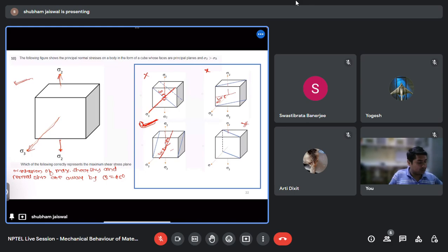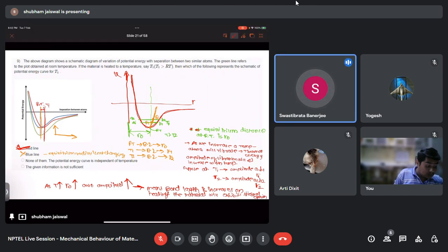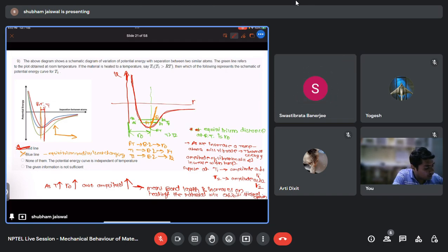Yes, this one. How does the red graph shift a little towards the right? Let's see this graph here. I am marking it.